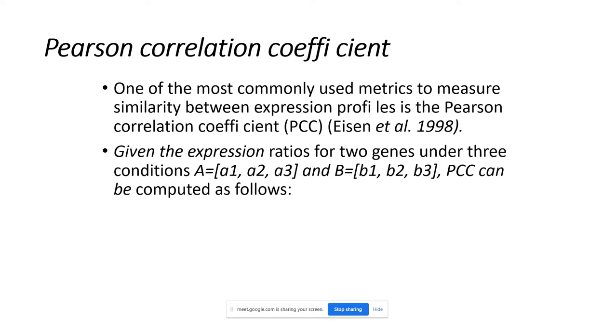This is one of the most commonly used metrics to measure similarity between expression profiles, and this method is known as the Pearson correlation coefficient. Given the expression ratio for two genes under three conditions, A1, A2, A3 for A, and B1, B2, B3 for B. So these are the three conditions for the two genes.